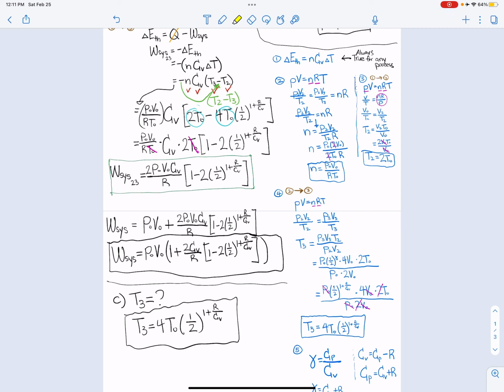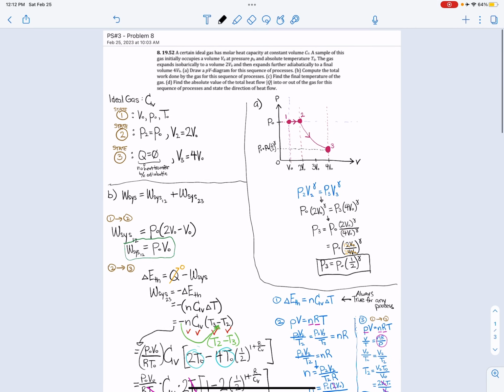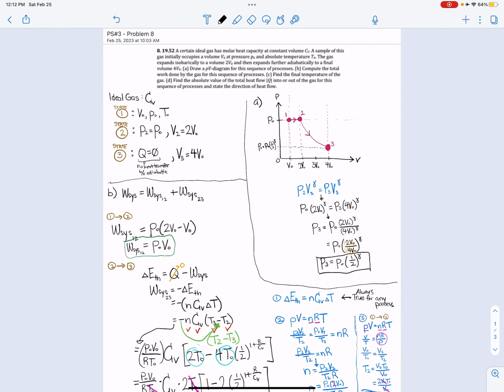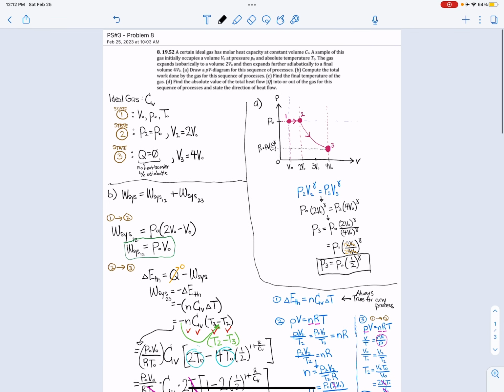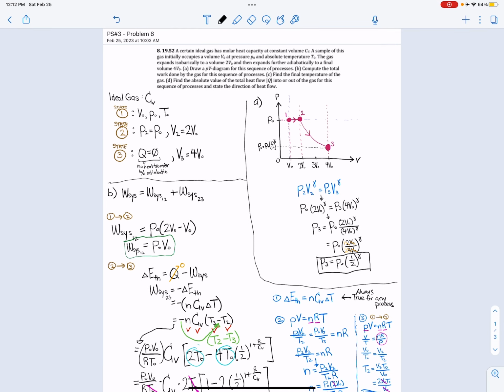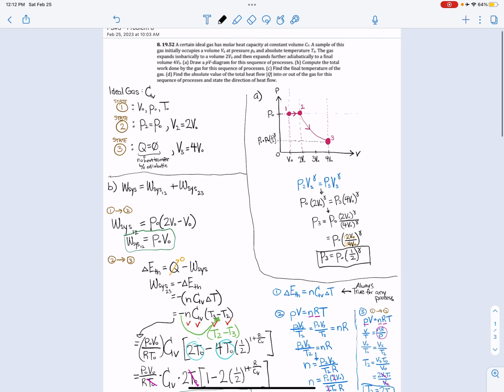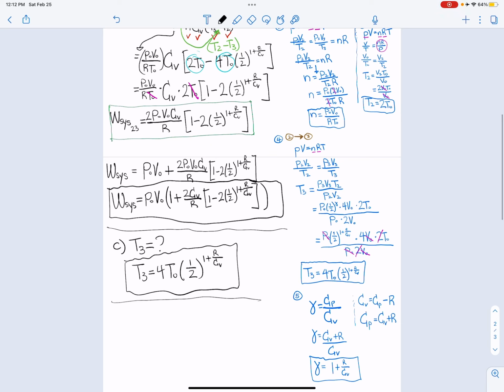That's nice. And now moving on to part D. Find the absolute value of total heat flow, Q, into or out of the gas for this sequence of processes and state the direction of heat flow. All right, so we'll do that.